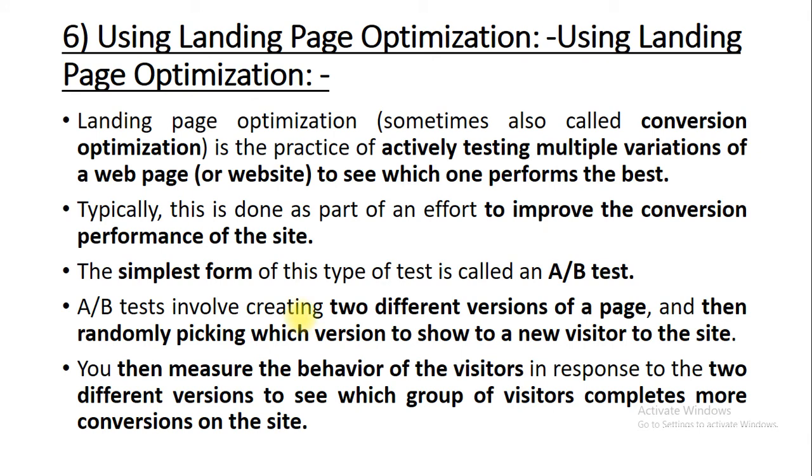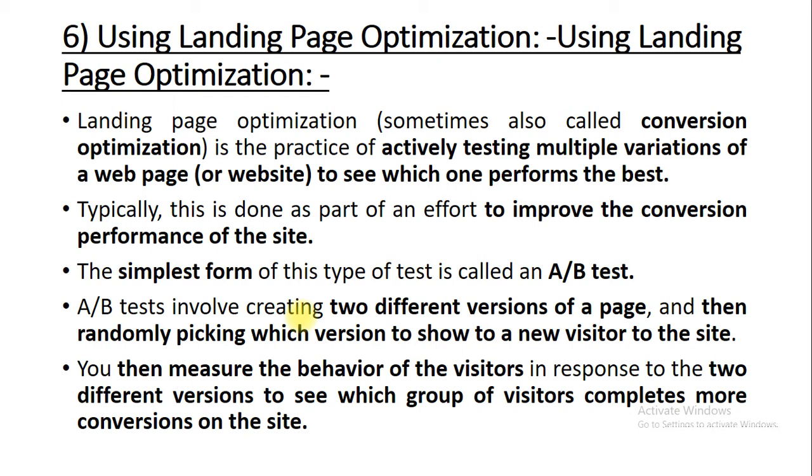Next topic is using landing page optimization. What does landing page optimization mean? Sometimes it is called conversion optimization. I have already explained that it is a practice of actively testing multiple variations of a web page or website to see which one performs the best.